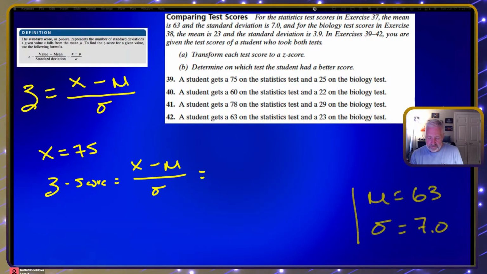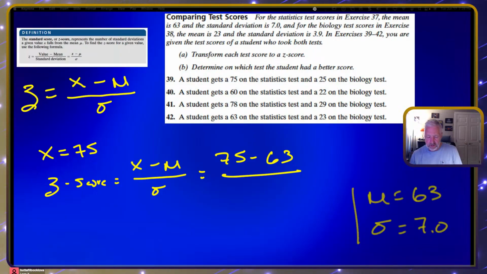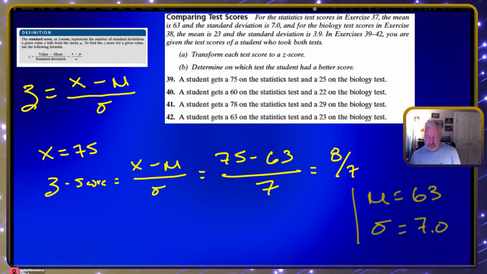X is 75, subtract the mean of 63, divided by 7. Well, 75 minus 63 is what, 12? No, it's 8. So I got 8 divided by 7? Is that right? No, Mike, you're so dumb. 75, so you got 5 back.